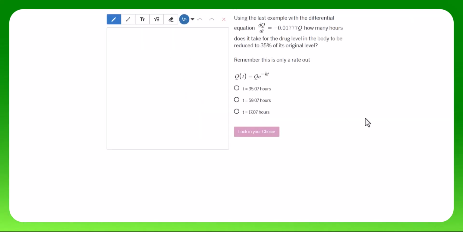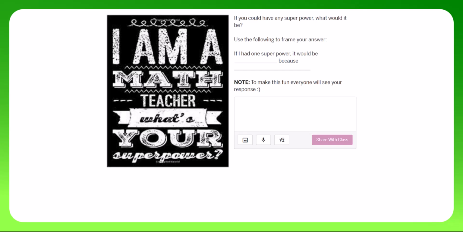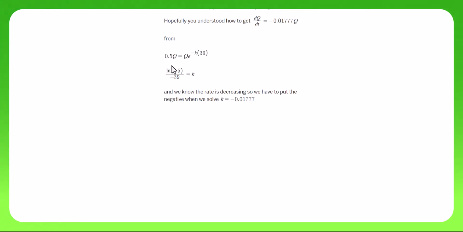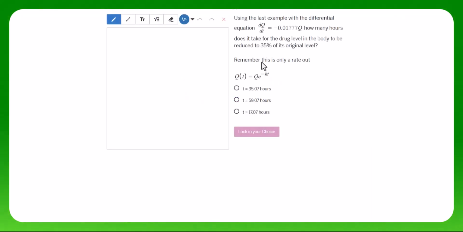All right, so now that I have this value, I want to be able to solve this differential equation, and it says for 30 being reduced to 35%. No hints. Sorry, didn't help you there. So you're going to do the same exact thing here, except 0.5. You'll put 0.35 for 35%, and then you'll put your K value because you're actually solving for time.